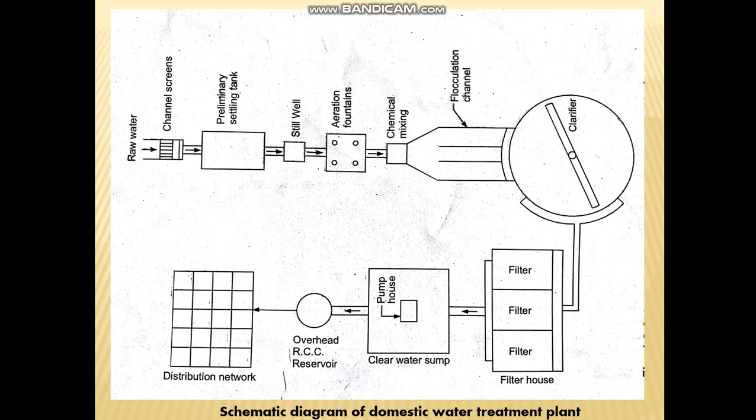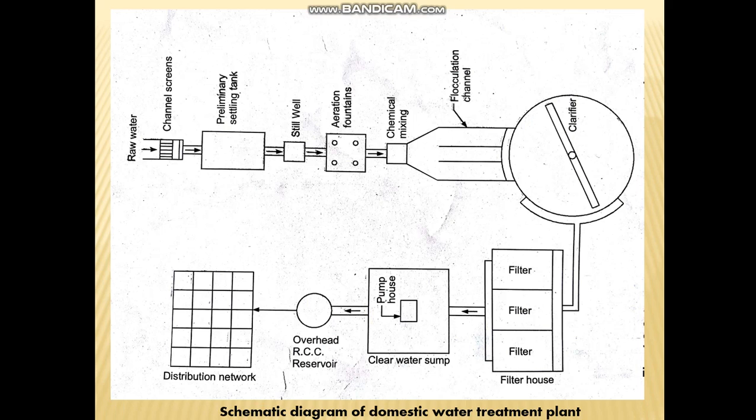After flocculation channel, clarifier. After clarifier unit, there is a filter. After filter, there is a clear water sump. After clear water sump, there is an overhead RCC tank, and last one is distribution network.